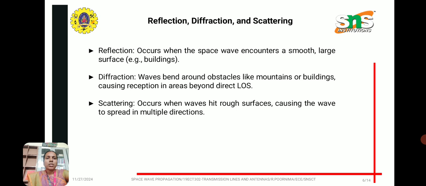Reflection occurs when the space wave encounters a smooth large surface, for example buildings. Diffraction: waves bend around obstacles like mountains or buildings, causing reception in areas beyond the direct line of sight. And scattering occurs when the waves hit rough surfaces, causing the wave to spread in multiple directions.